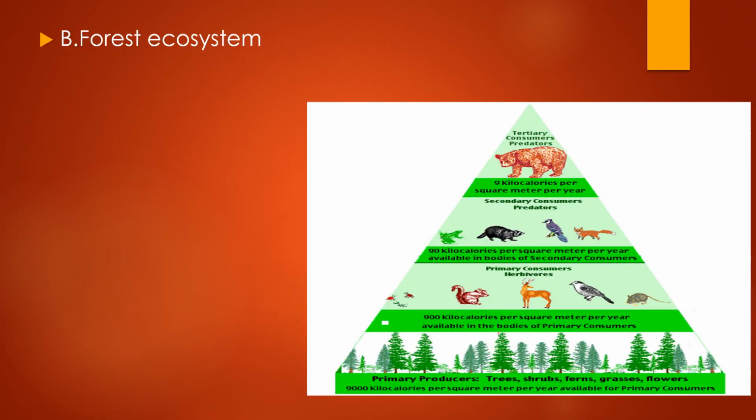In case of forest ecosystem, it is again upright in nature, because lots of primary producers, lots of green plants are here, supporting some herbivores, then carnivores, then top carnivores. Their number is decreasing, so it is also upright.